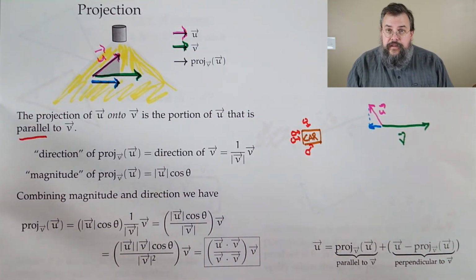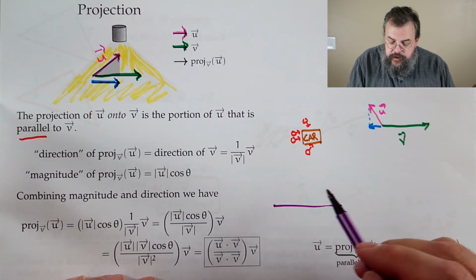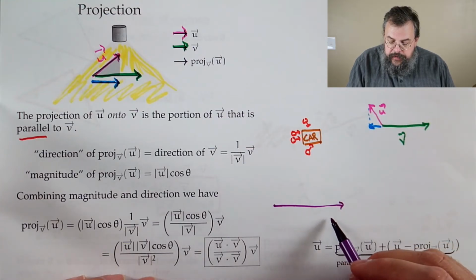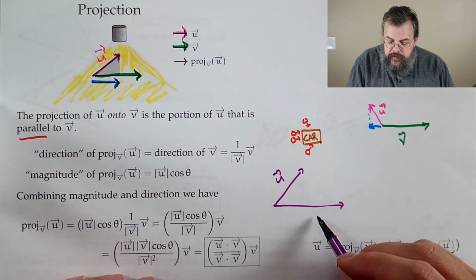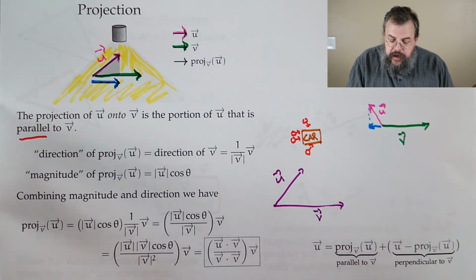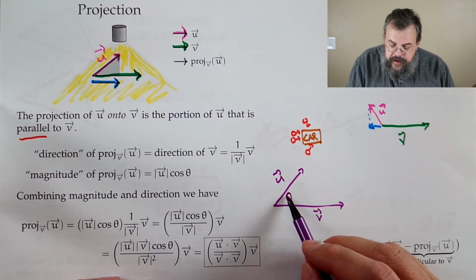Okay, so for this, we have to think of the picture. So we'll go through and draw our picture here. We have our v, and here's our u. And now we have an angle here. We'll mark it as theta.